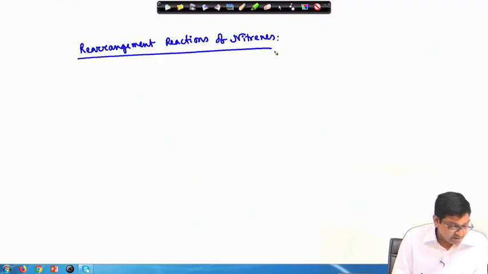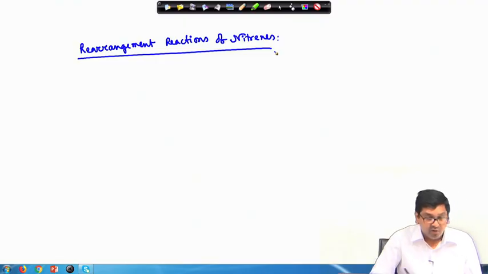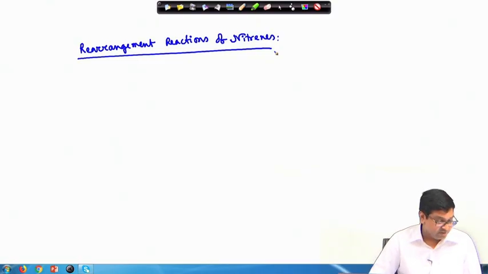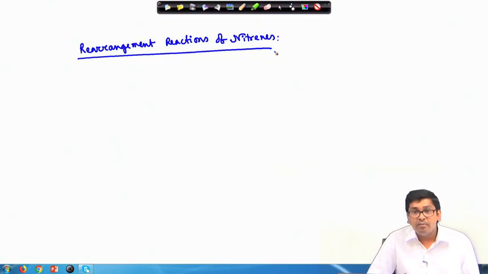So, if we see how the Wolff rearrangement works for carbenes, that will make it clear how these reactions proceed in the case of nitrenes. One of the most prominent intermediates commonly generated in these types of reactions is isocyanate.